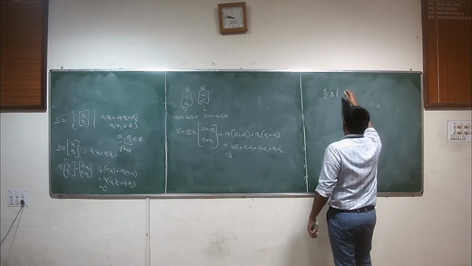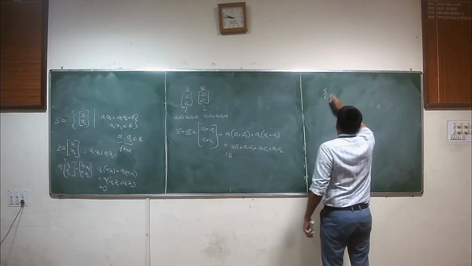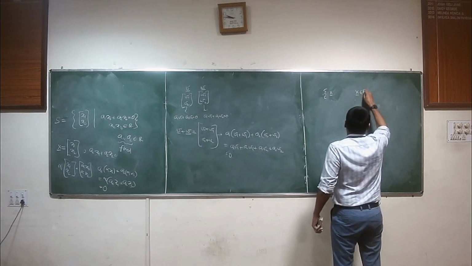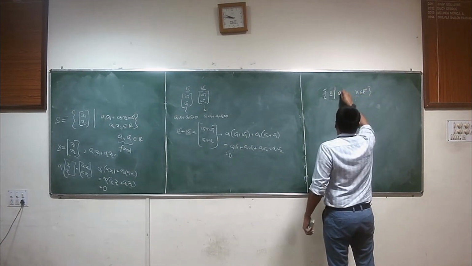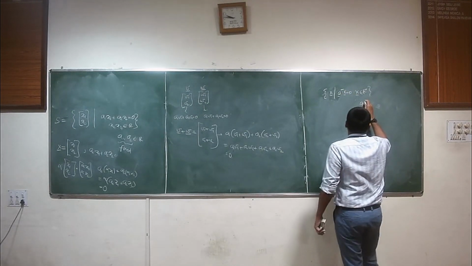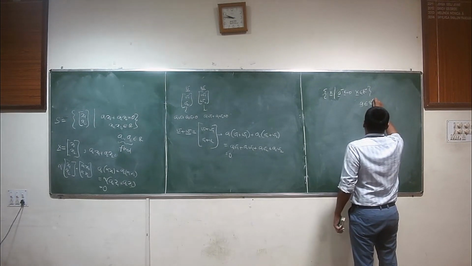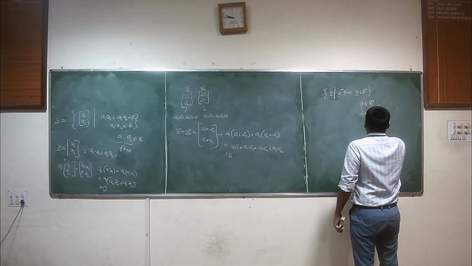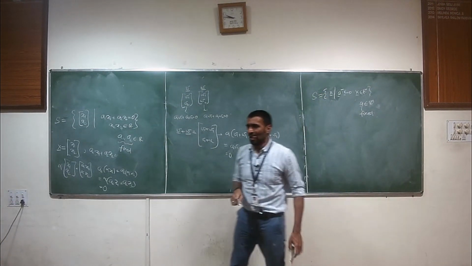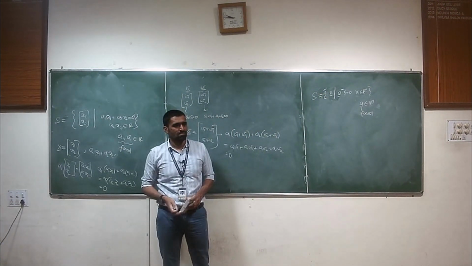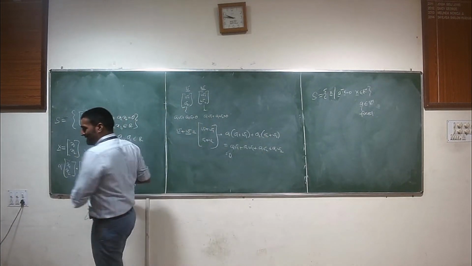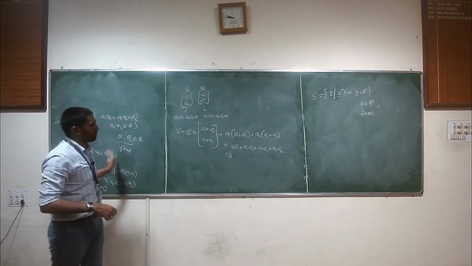Set of elements x that belong to R^n such that a transpose x is 0, where a is in R^n and this is fixed. Is this a vector space? Follow the same logic that you followed here.